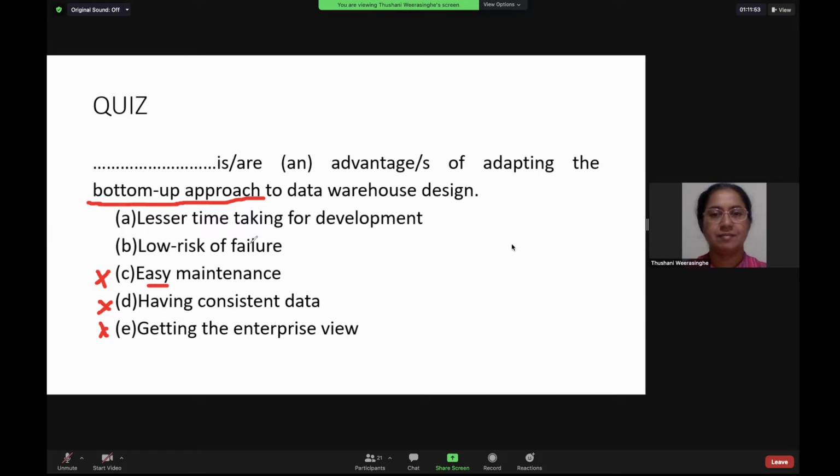Because in data warehouse projects there is actually a huge risk of failure, because sometimes we will not be able to get what we want to do. But for the data marts, one by one we will develop and go on, then we will be able to do something very quickly, and also the risk of failure will be very low, and there is less time for development. Yes, so then these two are correct.